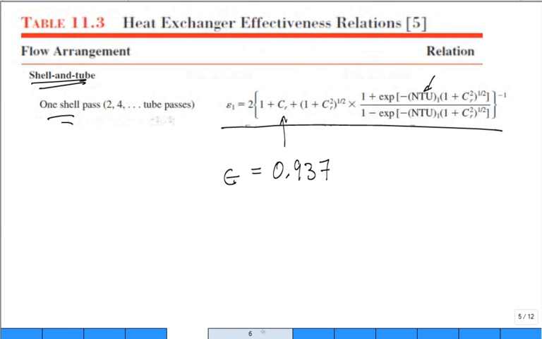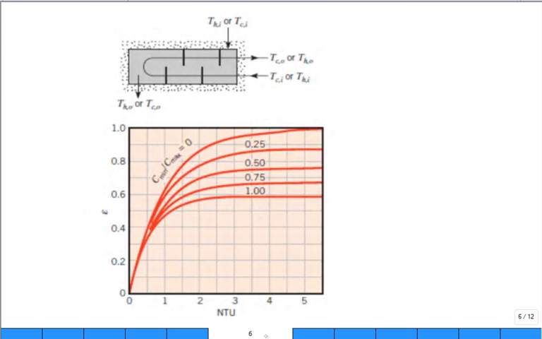Let's take a look at the plot. Here is the plot. What was our NTU? A little over 5.1 something, 5.12. So it's right in this vicinity. What was the ratio of C min to C max? It was quite low, about 0.12. So this is where it's 0, so it's really hard to read, but you assess, oh, the effectiveness is quite high.